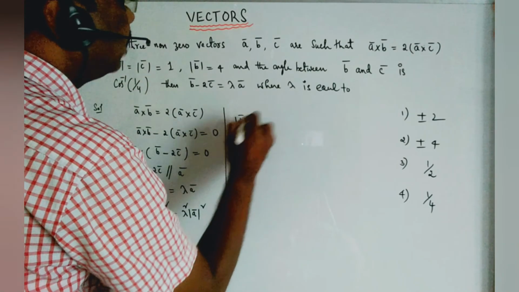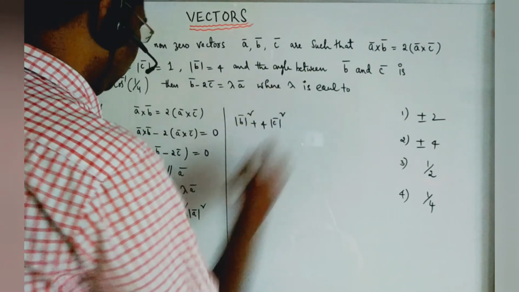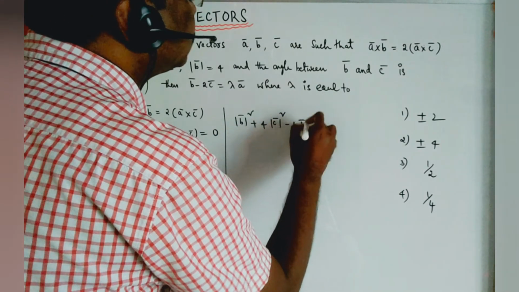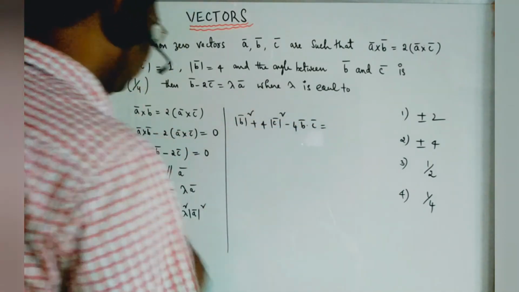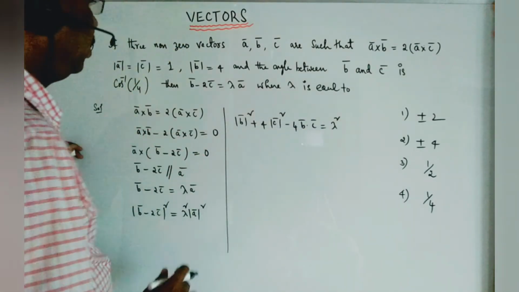Mod b bar square plus 4 into mod c bar square minus 4 into b bar dot c bar is equal to lambda square into mod a bar square.